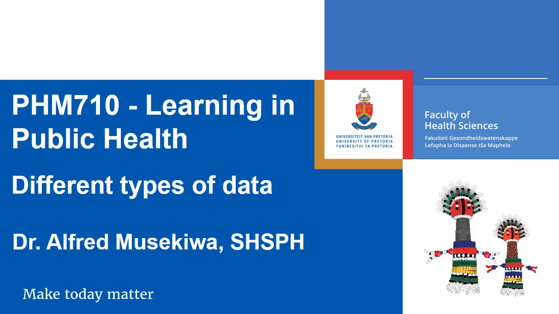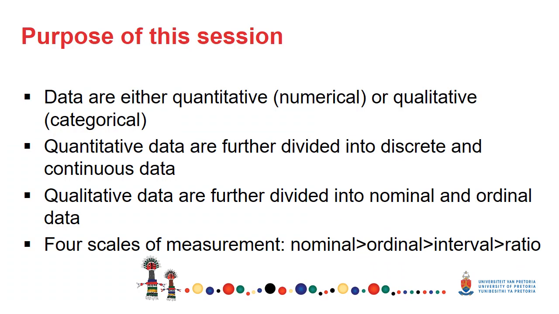We cannot talk about statistics without talking about data. Data is the blood of statistics. It gives life to statistics. We will talk about quantitative, also called numerical data, as well as qualitative, also called categorical data.